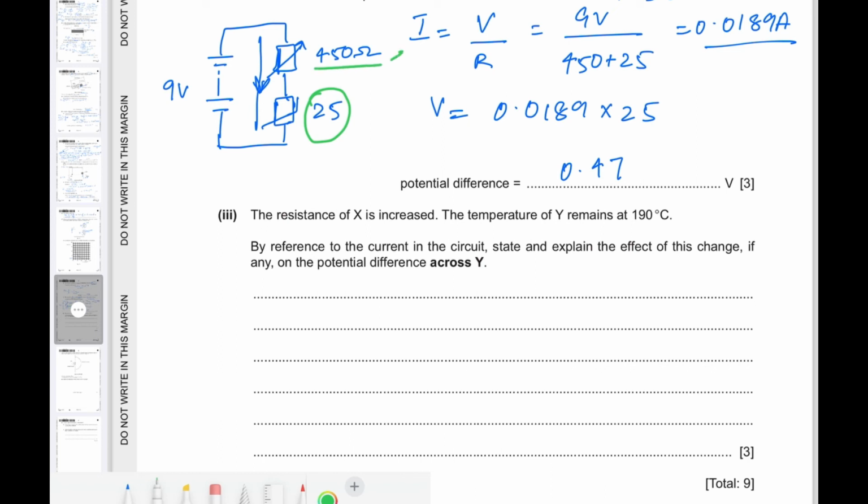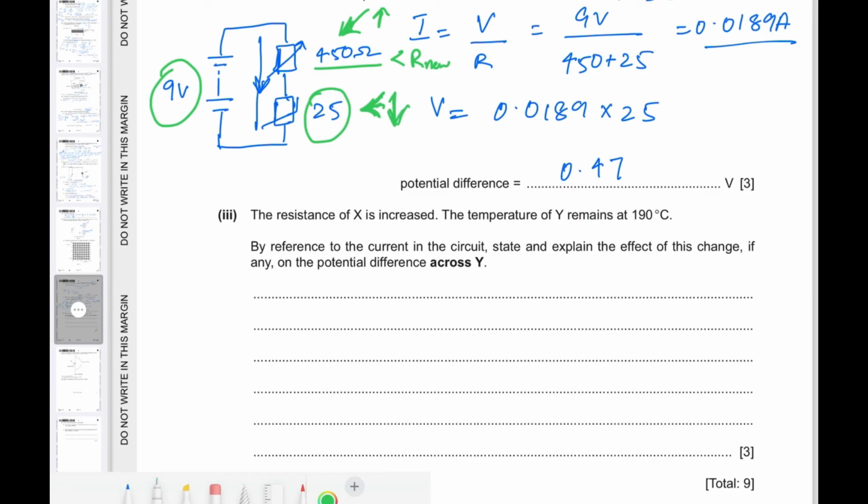The new resistance will be greater than 450 ohms. That means a higher proportion of 9 volt will be available to 450 ohms now. That means the potential difference across the variable resistor will increase and potential difference across the thermistor will decrease.